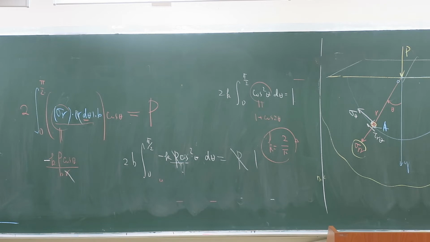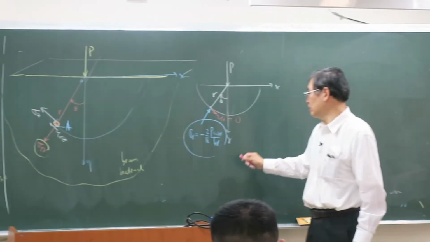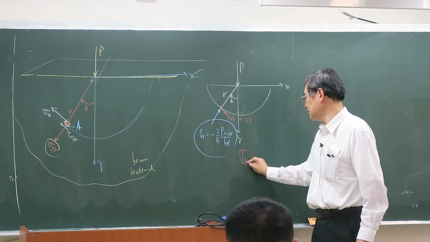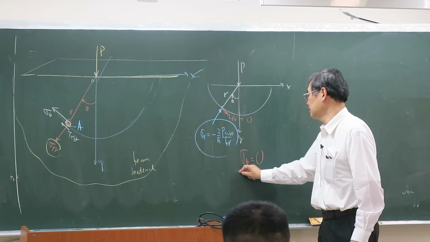This is my circle. And due to symmetry, the shear tau R theta equals 0 because of symmetry. If not 0, then plus theta and minus theta would have a shear deformation. And we can also show sigma theta equals 0 later.